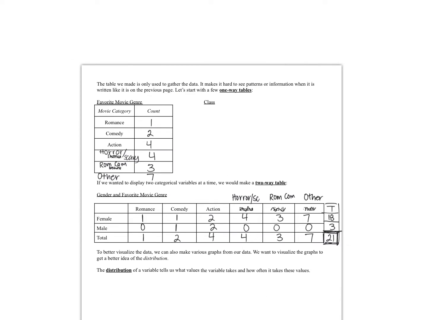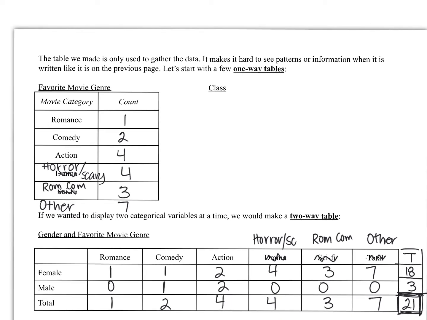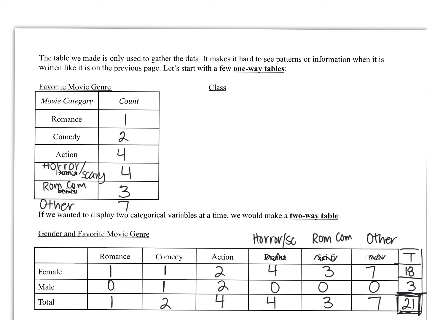Okay. So one way, so like if I'm looking at the table how it currently is on the previous page, with just the list of the movie genres and then the gender. It's a little bit difficult to gather information other than maybe what the most popular gender is in the list, which is female.